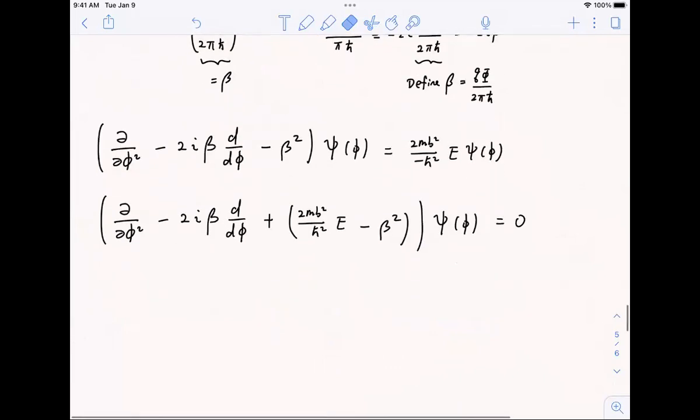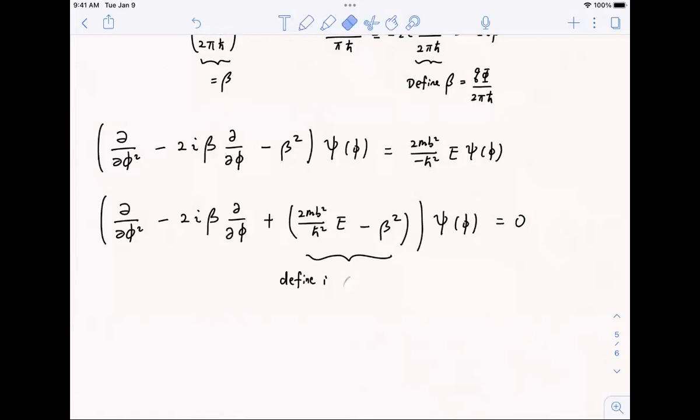So we're going to define this as epsilon. I think that is all still partial differential, second partial. Doesn't matter, right? Okay.